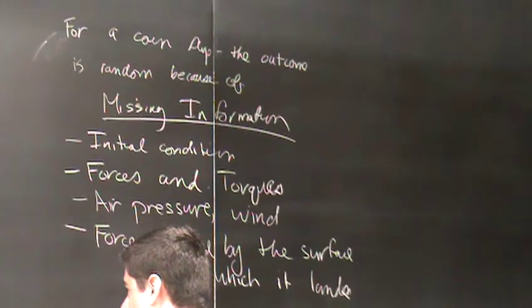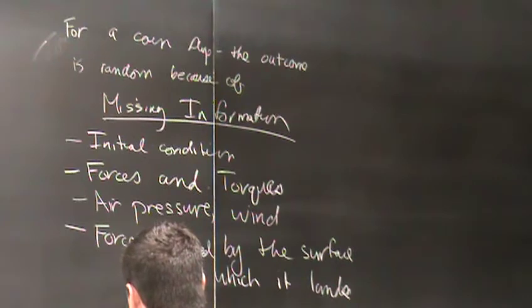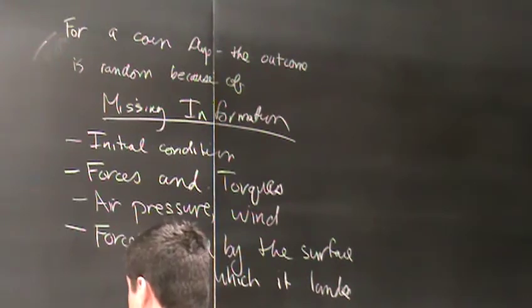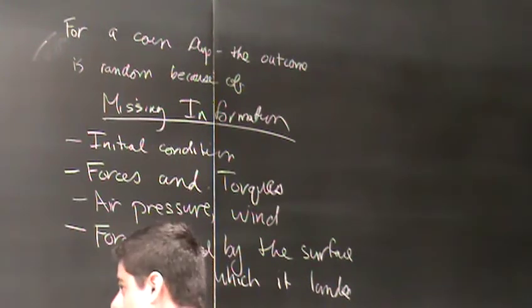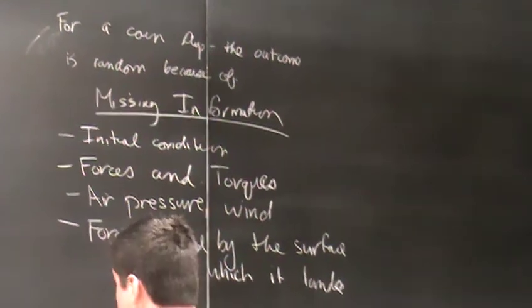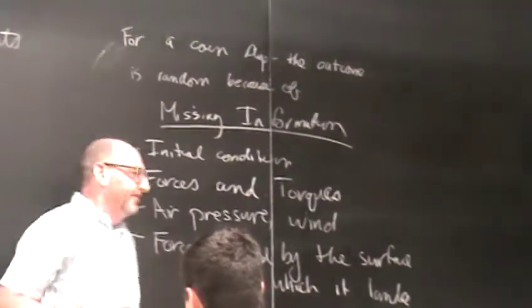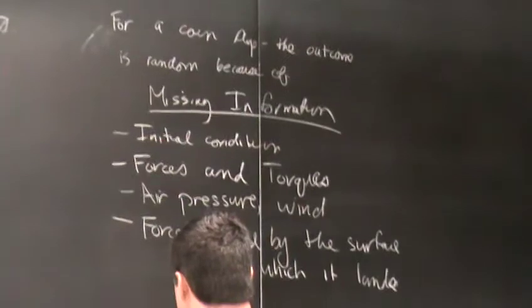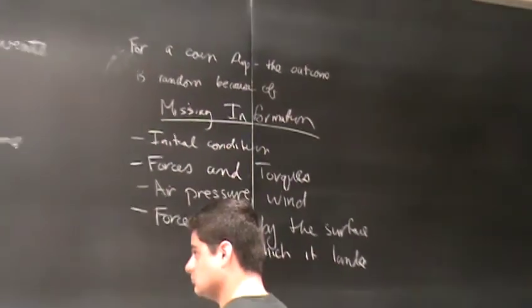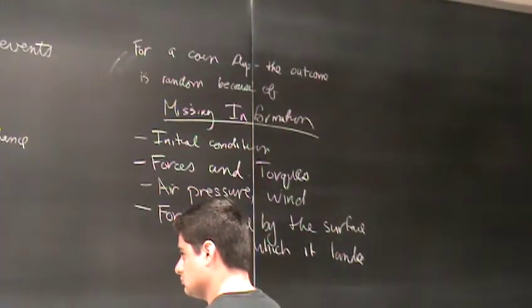And you can kind of cheat and catch it in the right place so it's going to land heads. But it's only random because we don't know everything. If we knew all of these things, plus Newton's laws, there's nothing random about the coin at all.